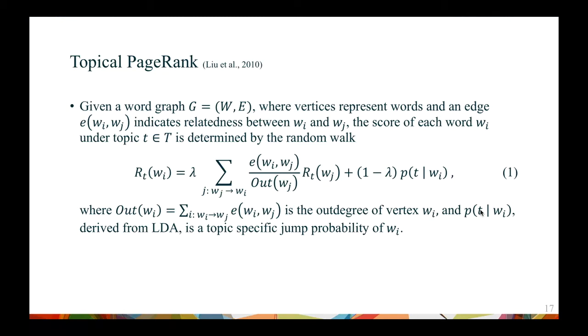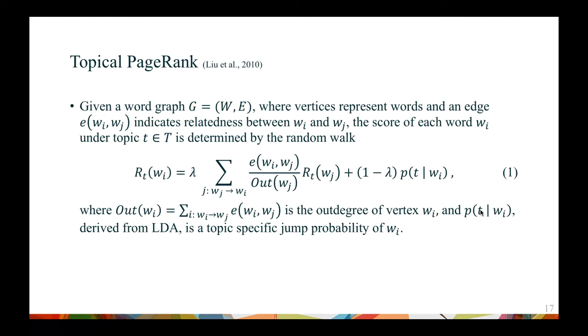Here, instead of uniformly randomly jumping to other places, we jump using the information we inferred from topic modeling. So this P(T|WI) is the probability of topic T given the word WI. This is the information you can get from topic modeling.